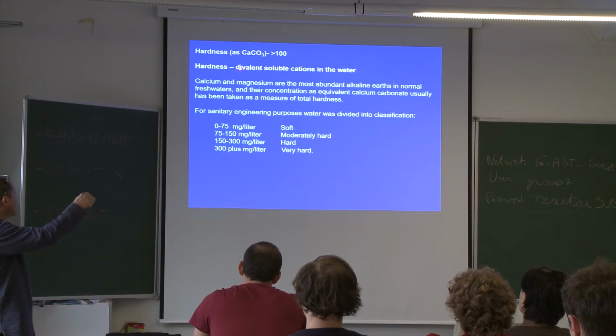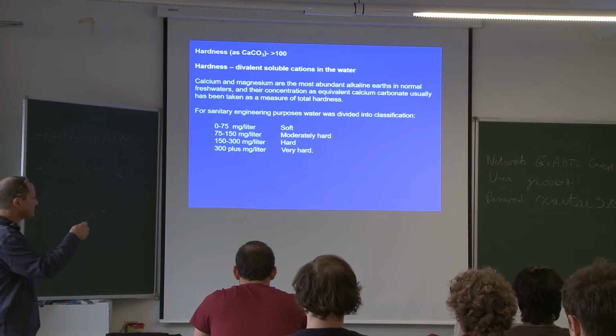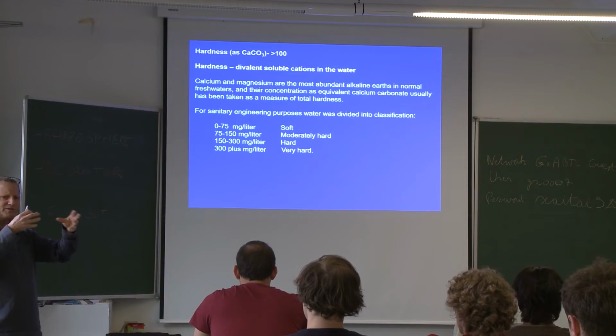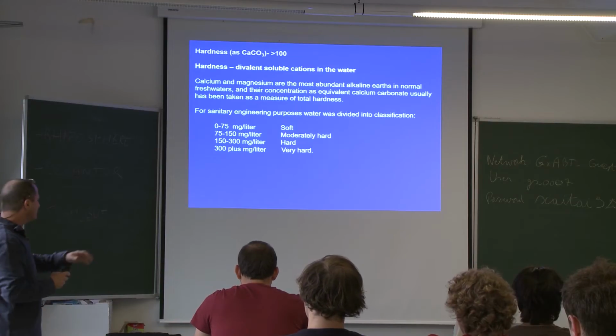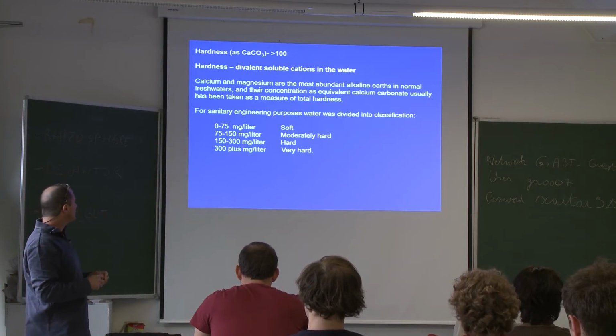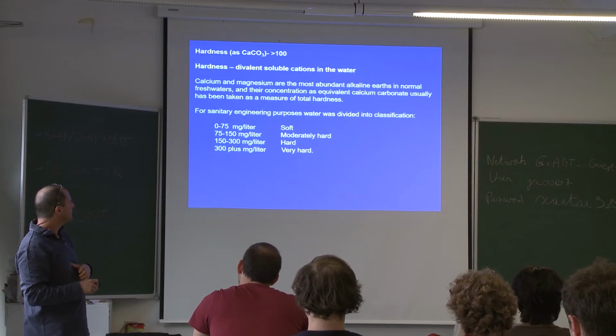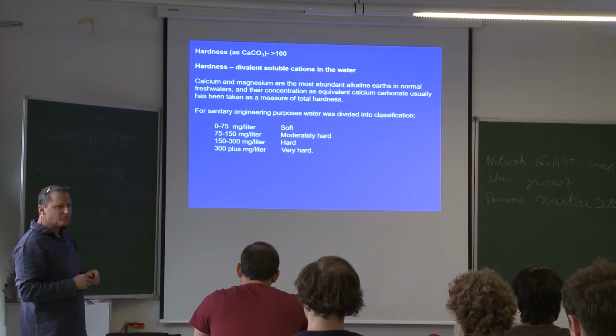This index was developed by wastewater treatment people, because of scaling issues on pipes and in boilers and things like that, where calcium precipitated when you heat the water. So for whatever reason, it's also used in aquaculture, but for no good reason.